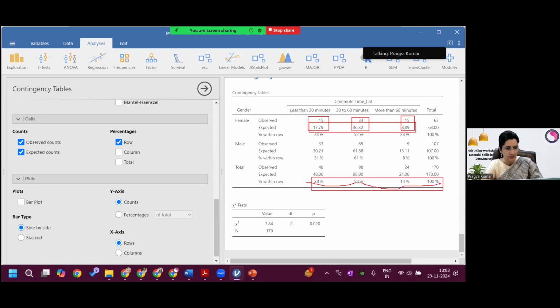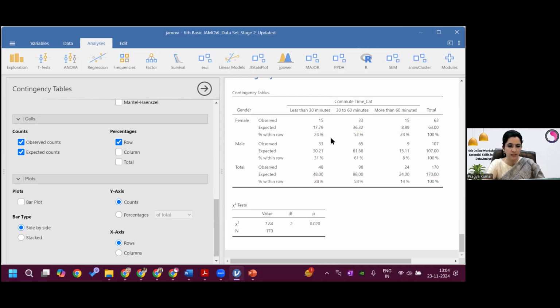Now you can see the expected cell counts. In each of these cells you can see 17, 36, 8, then 30, 61, 15, 48, 98, 24. So none of the cells has a count of less than 5.